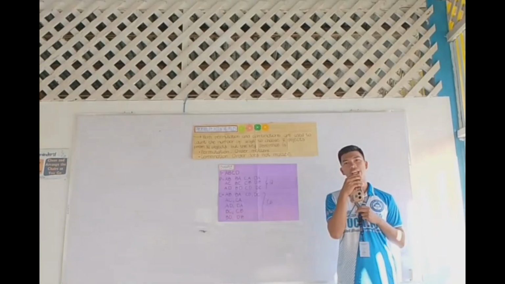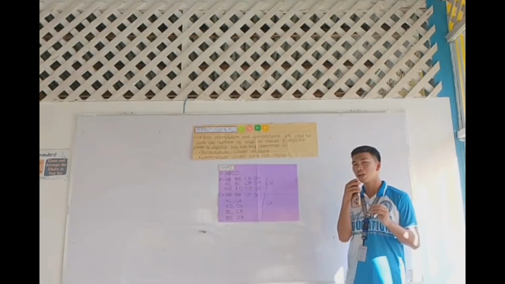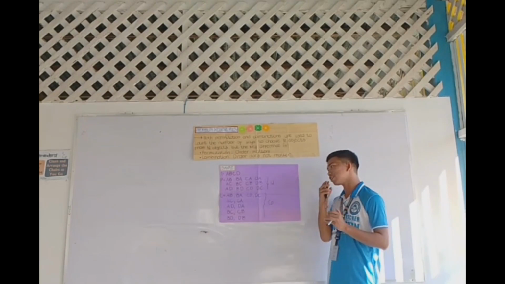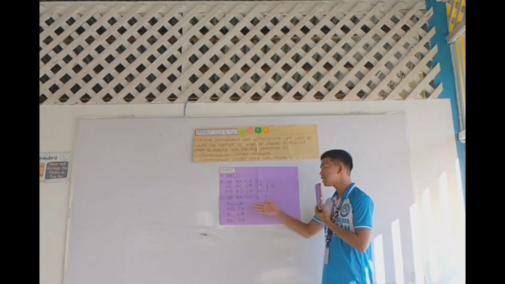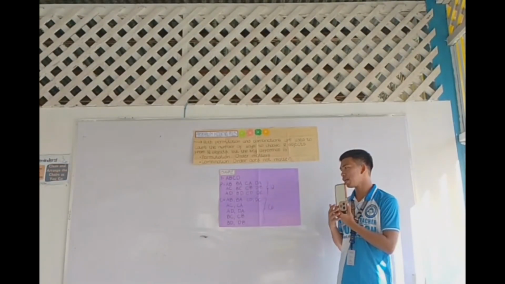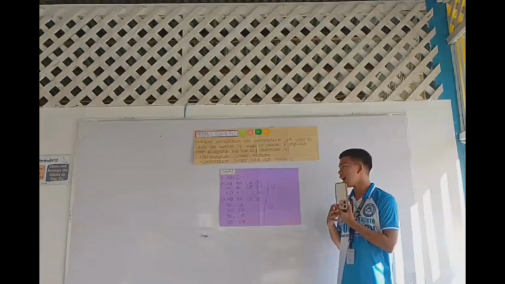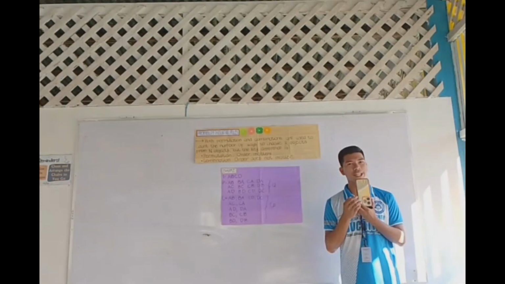So for permutation, we have 12 pairs. In combination, we group the duplicates like AB and BA to make them one. So we have AB, AC, AD, BC, BD, and CD. So we have 6 pairs in combination.